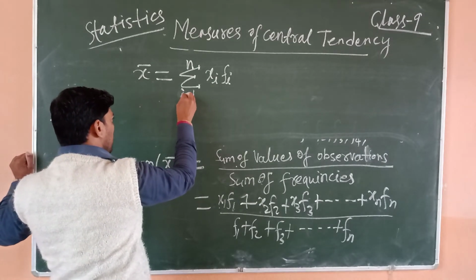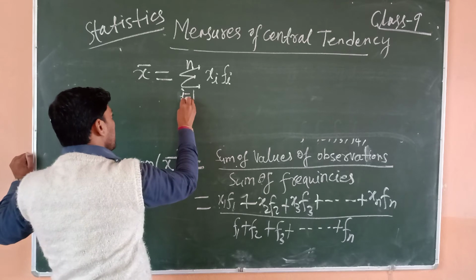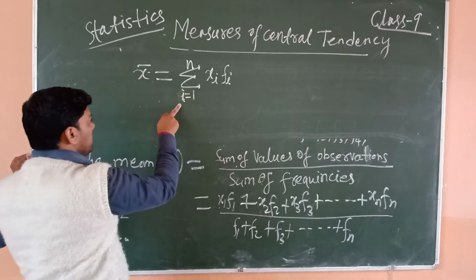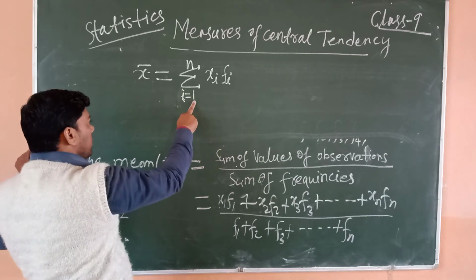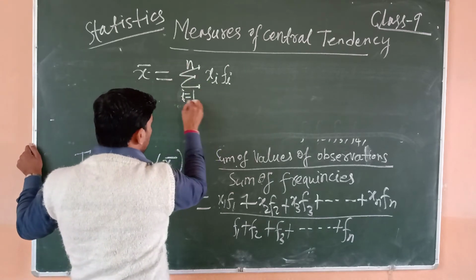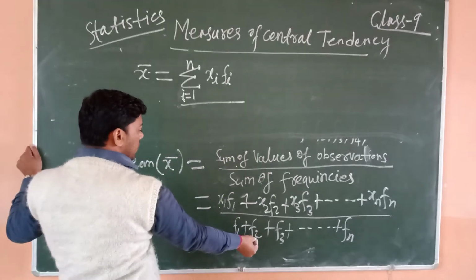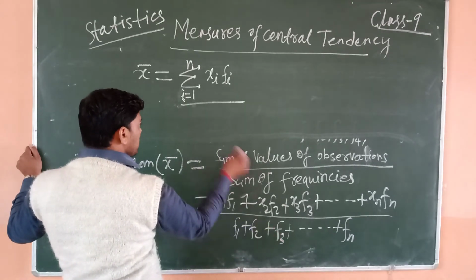For all these subscripts we use single variable, that is i varies from 1 to n, upon total sum of frequencies.